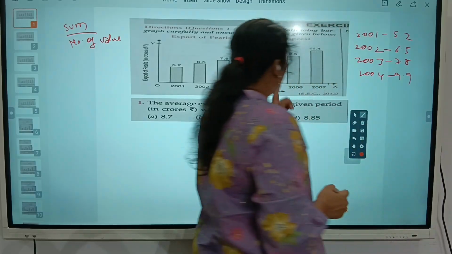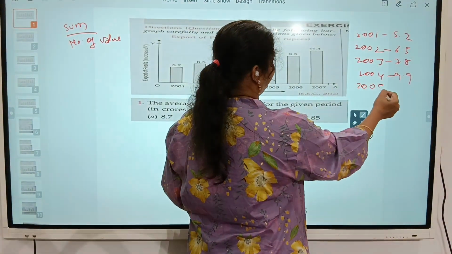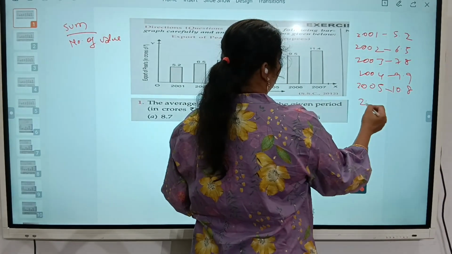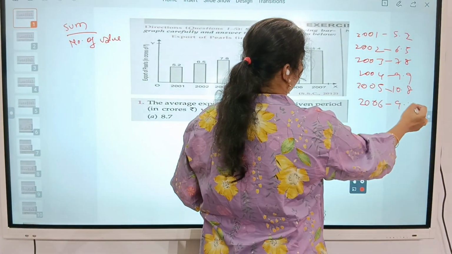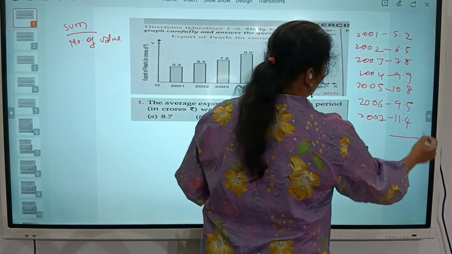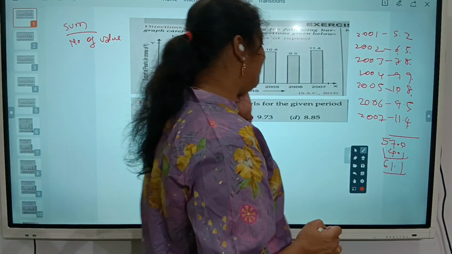Hope you are able to see the graph clearly. In 2005 it is 10.8. 2006, 9.5. 2007 it is 11.4. Now we have to sum up all these values. It will be 61.1.